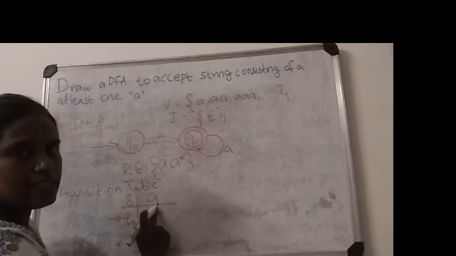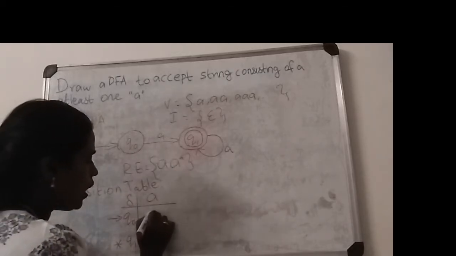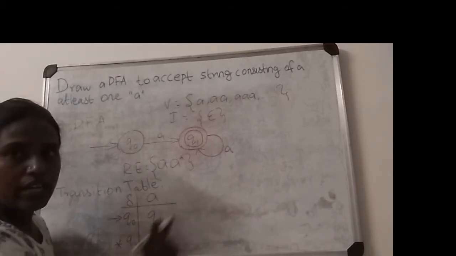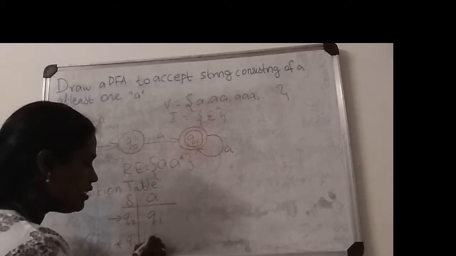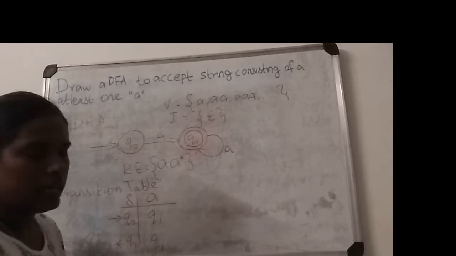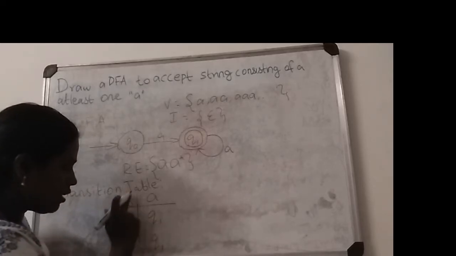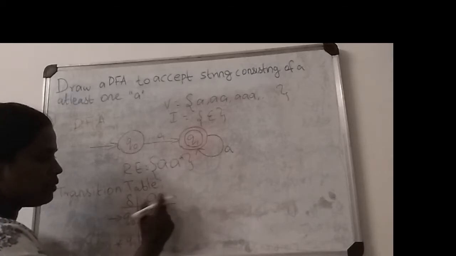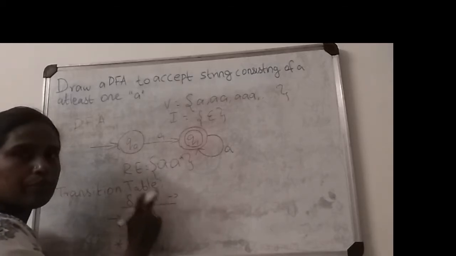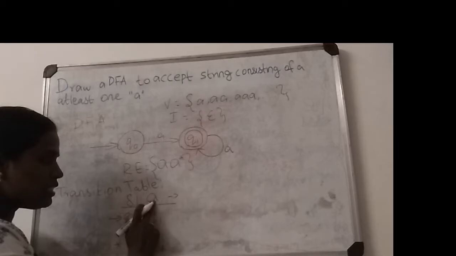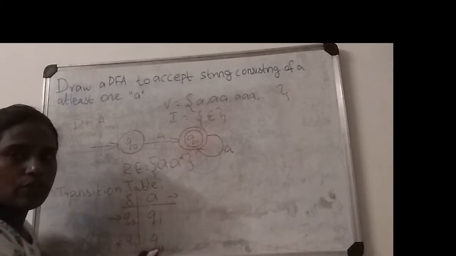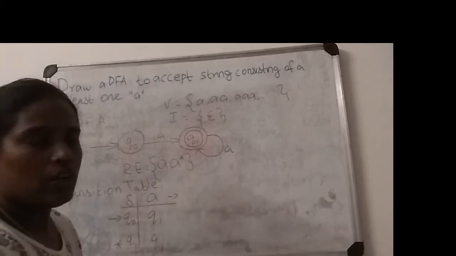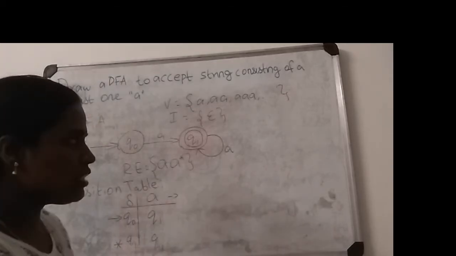Q0 on A goes to Q1, and Q1 on A stays in Q1 itself. The column side represents the states, and the row side indicates the input symbol.